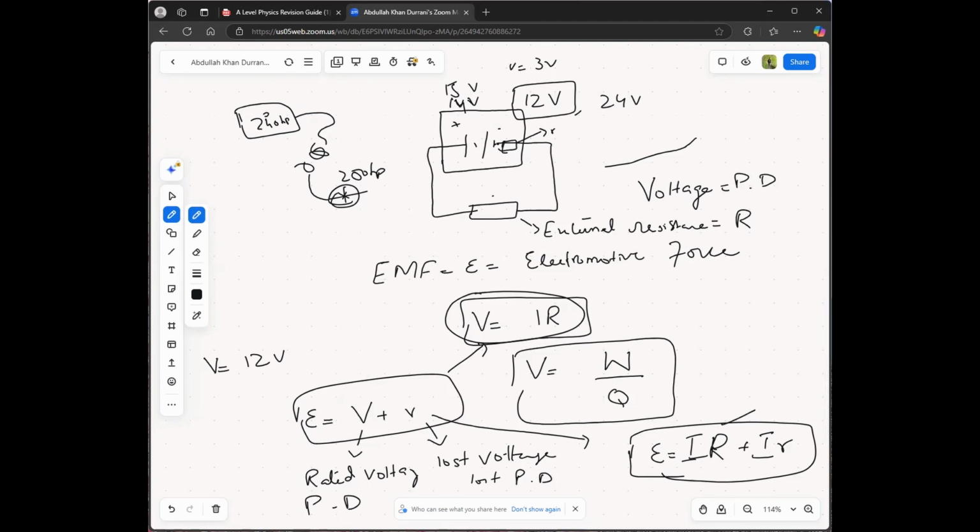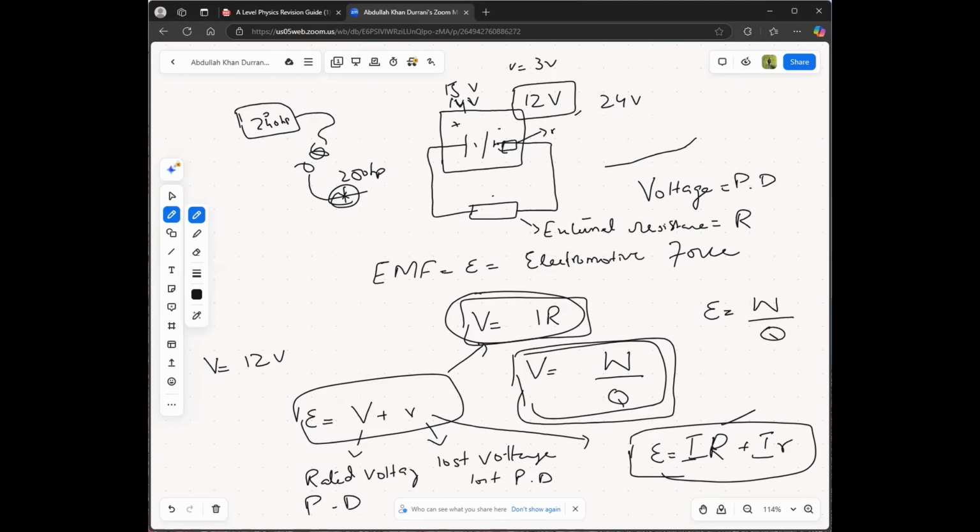And if you have to write a definition, well, you understand now what EMF is, right? But if you have to write a definition for voltage or for EMF, you always go to this formula. This formula says that voltage or potential difference is the work done on the unit charge. So in the same way, EMF can be written as the work done on a unit charge inside the battery.